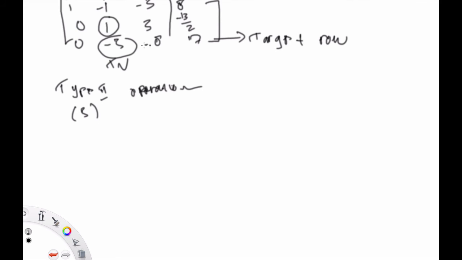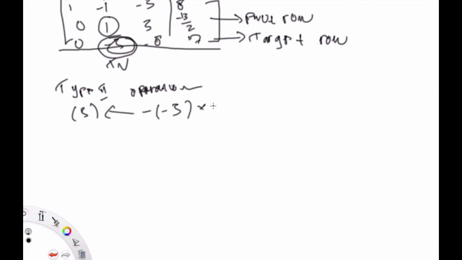We will change this target value to 0, so we write in the third row. Because it is minus multiplied by minus, we have 3 multiplied by row 2, since the pivot row is the second row, plus the third row.